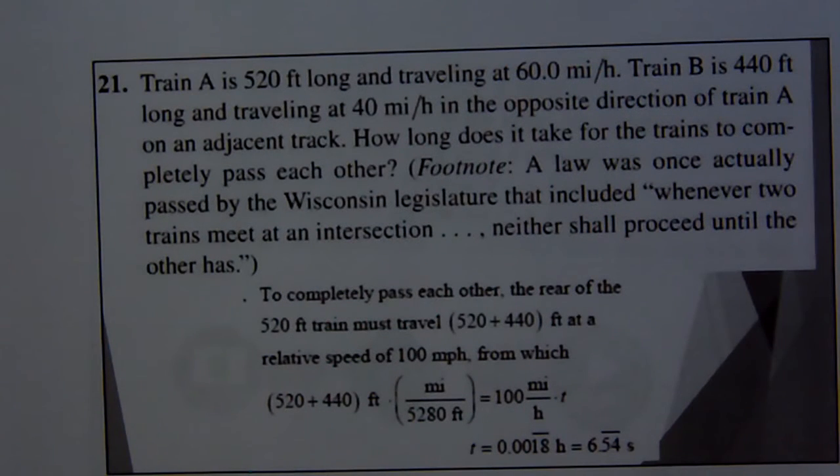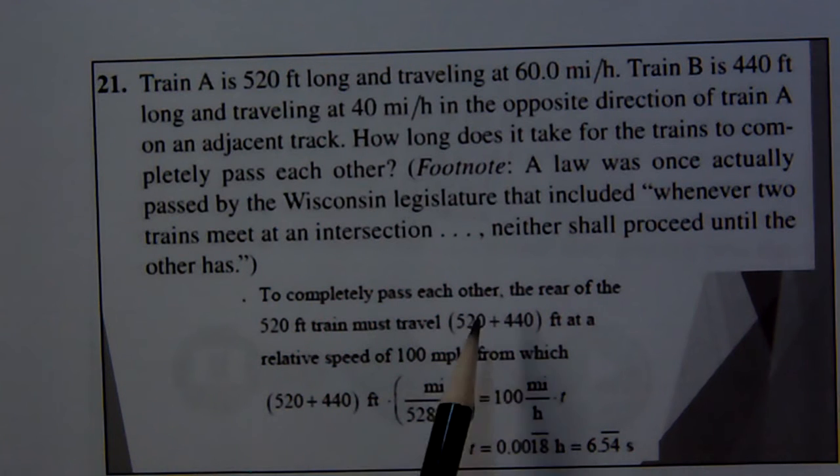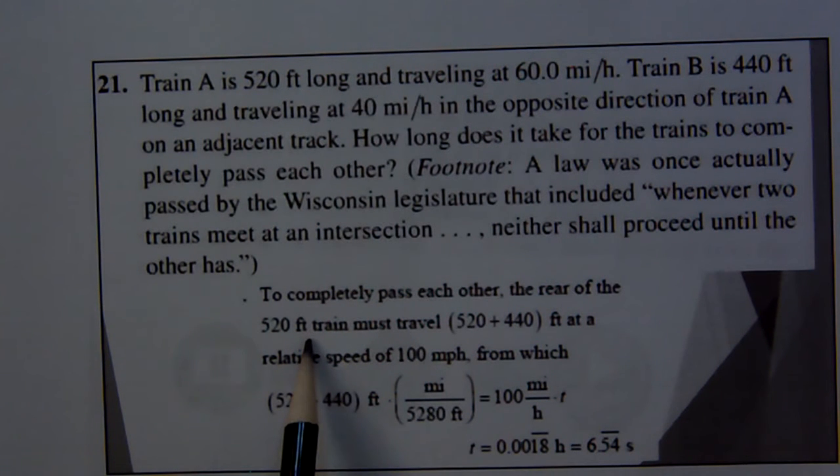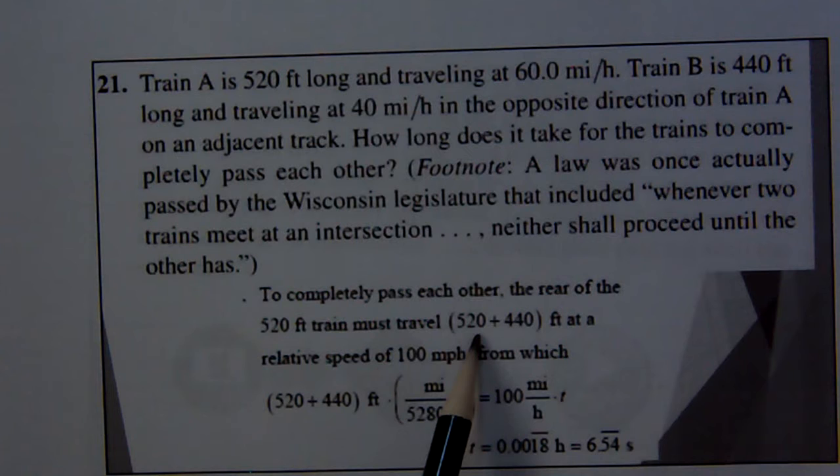Now we're back. To completely pass each other, the rear of the 520-foot train must travel the 520 feet plus the 440 feet at a relative speed of 100 miles per hour, from which we have, and we must change this into miles, 520 plus 440 feet times miles per foot, that's the 5,280 conversion factor, has to be the same as the relative speed, distance equal rate times time.